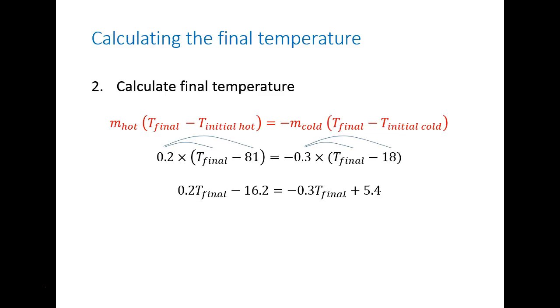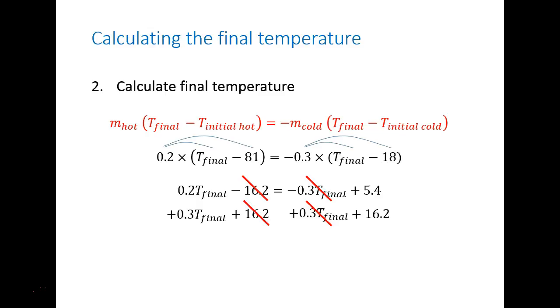Now we are going to rearrange the equation so that we have the final temperature T final on one side and the rest on the other side. We can add 0.3 T final to both sides of the equation, and we can also add 16.2 on both sides. Now the 16.2 is going to cancel out, and the 0.3 T final is going to cancel out as well.